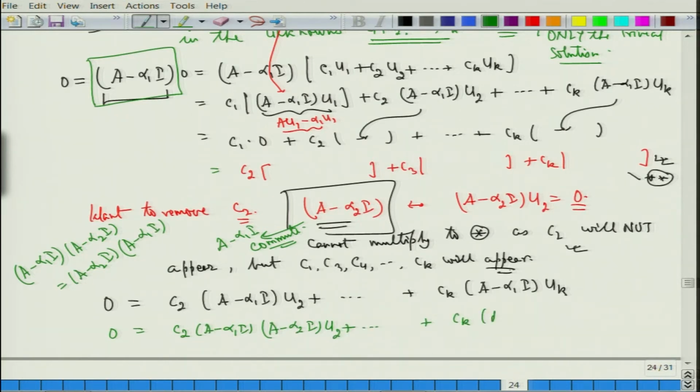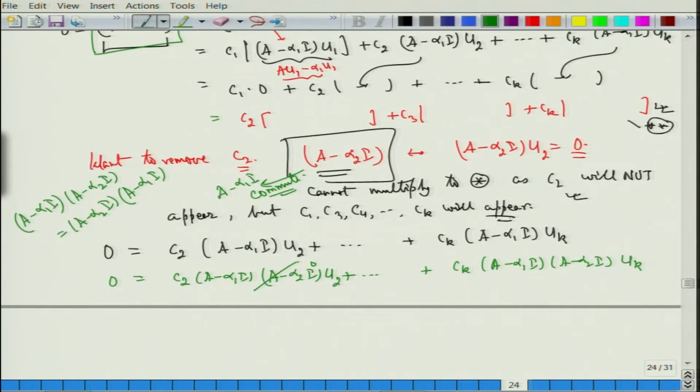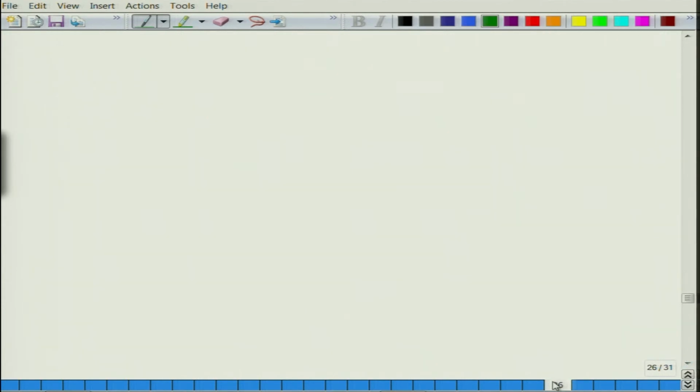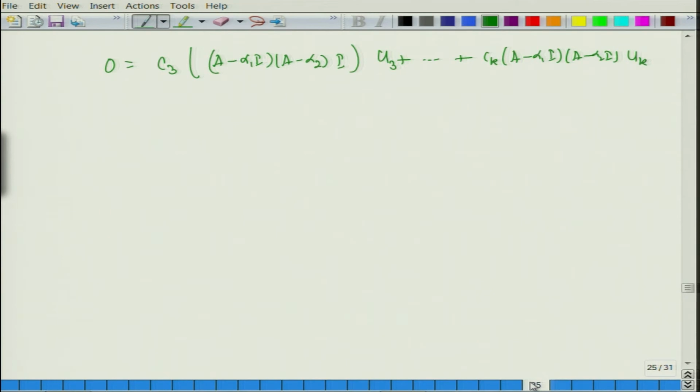If I do this, this has become 0 now. I will be left with 0 is equal to C3 times A minus alpha 1 I, A minus alpha 2 I, fine, times U3 plus so on plus Ck times A minus alpha 1 I into A minus alpha 2 I times UK, fine. This is what I will be left with, this is what you have to understand.